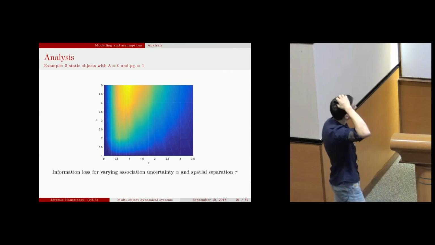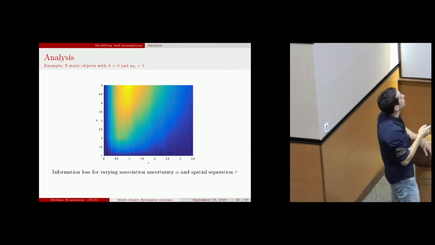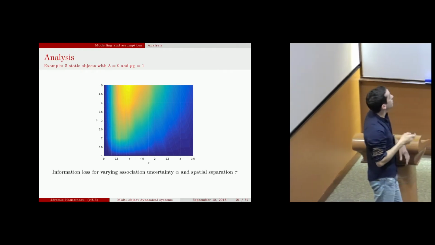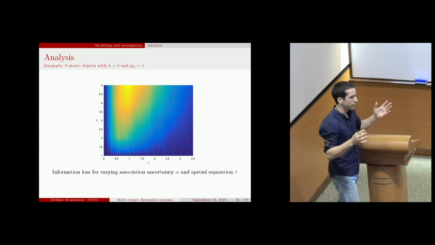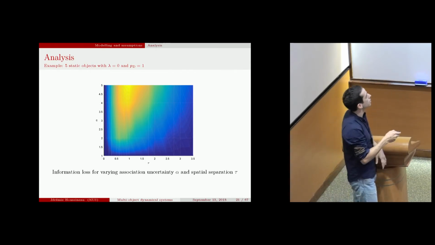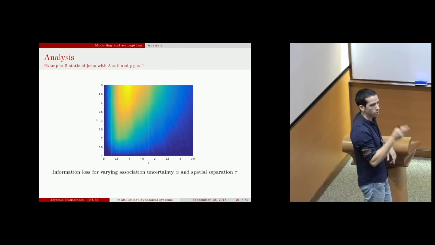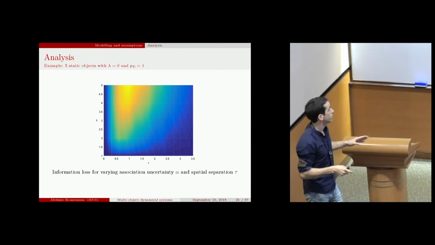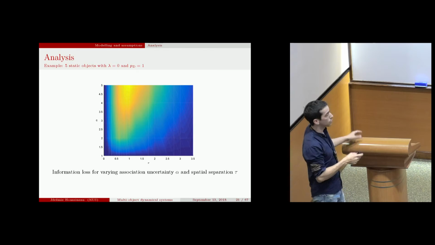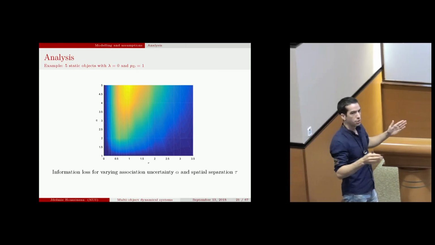So maybe a bit more interesting. Now we have 5 static objects with no false alarms, and we see them all the time. Again we assume the distribution is Gaussian with variance 1, and tau is the distance between them.